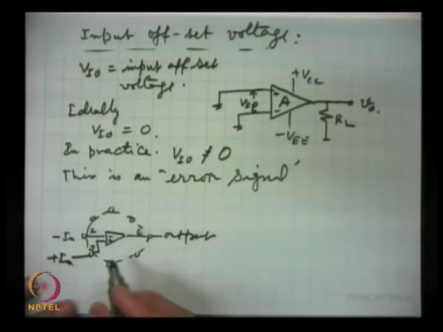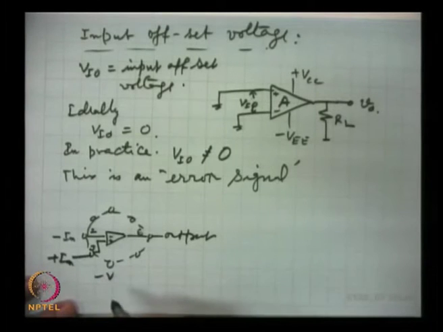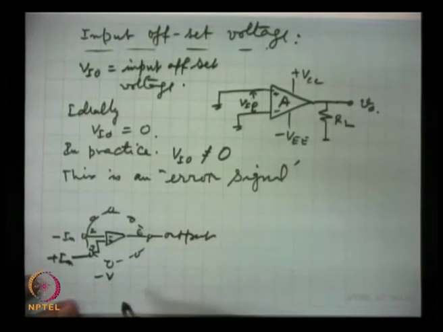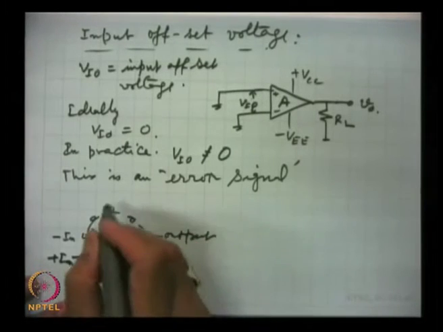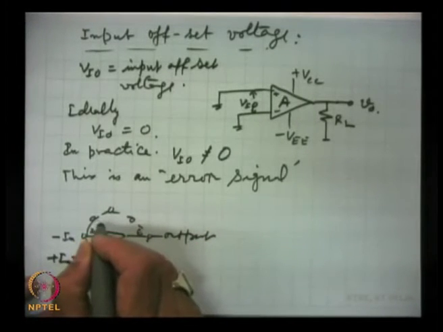Pin number 4 is minus voltage, that means VEE terminal, and this is pin number 1.